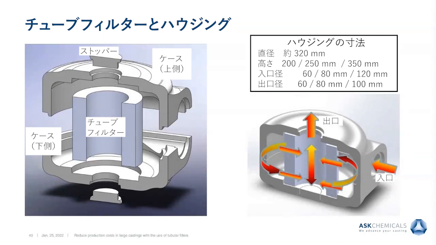You will see an application in a case study which we show later in this presentation. Based on this design of the tube filter and housing, the risk of filter breakage is practically eliminated.